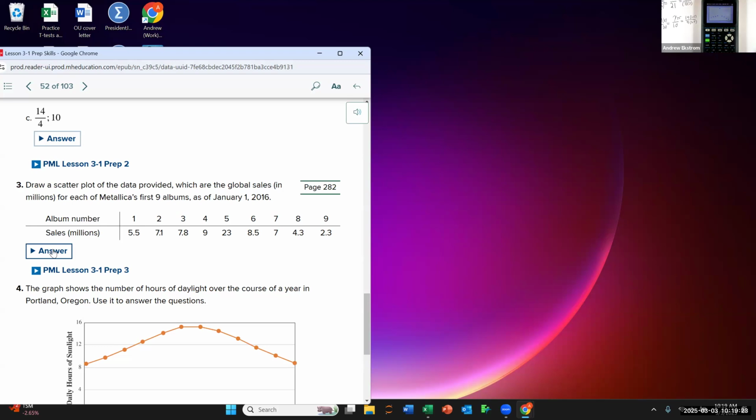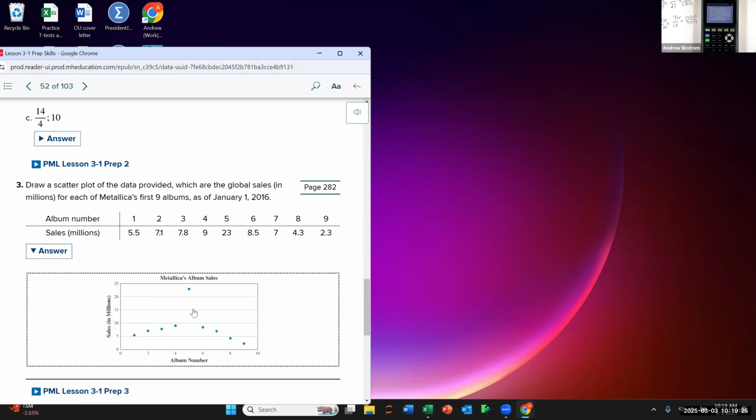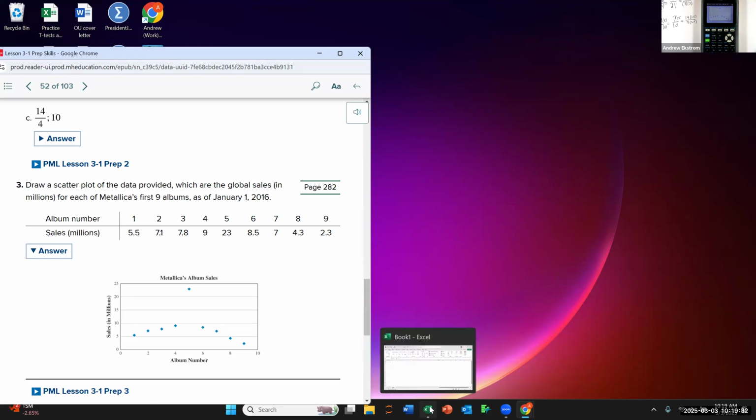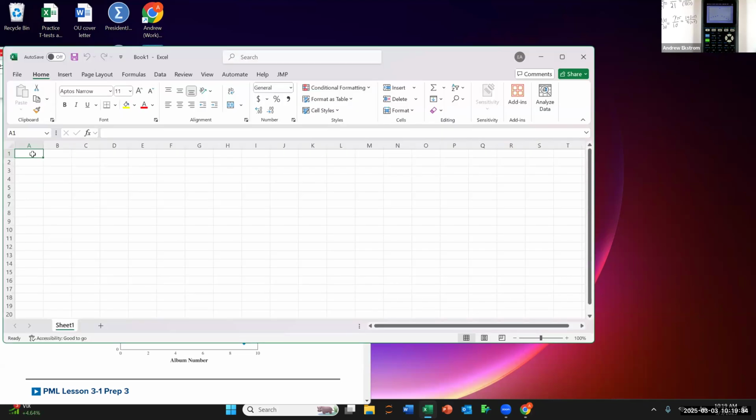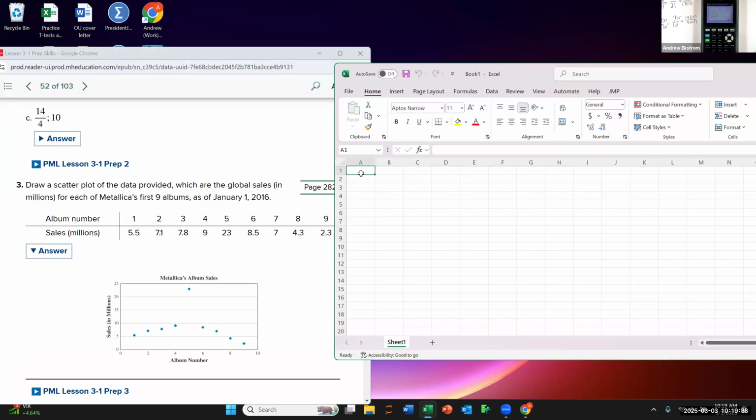So we come over here and we look at the answer for this. You can see how that was made. If we're going to do this in Microsoft Excel, I can actually type in things here and make it look a lot more like what we have here.